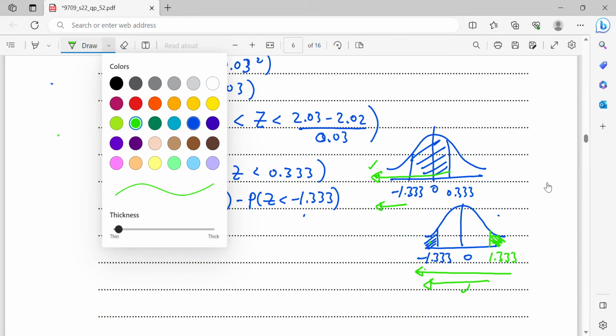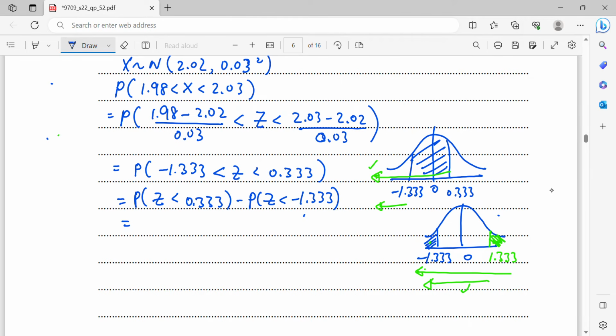So I will rewrite: P(Z less than 0.333) minus (1 minus P(Z less than 1.333)). Okay, and then you use the normal table to get these two probabilities.